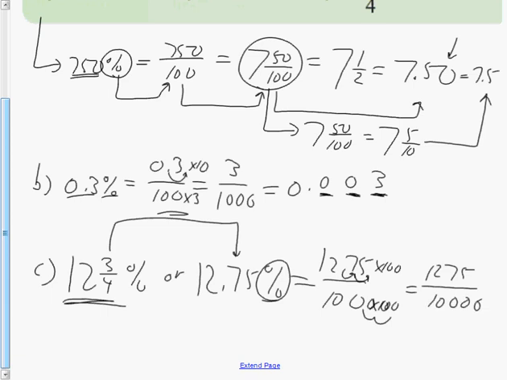So you get 10,000, which means this number is 1,275 ten-thousandths. If I put my places out here, this is tenths, this is hundredths, this is thousandths, this is ten-thousandths. So that's where the 5 has to end, and I get 1,275 ten-thousandths. Okay? Hopefully that helped you.